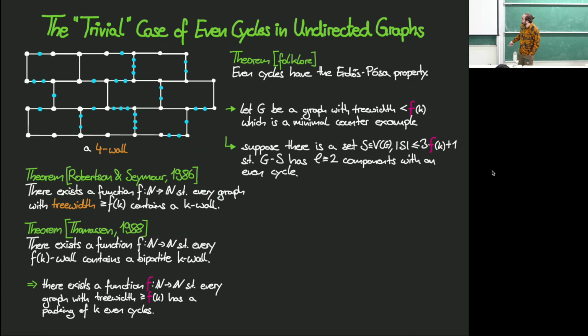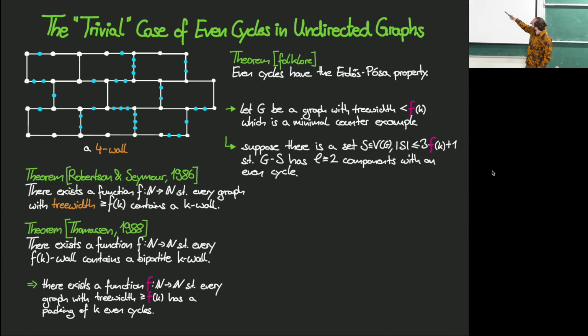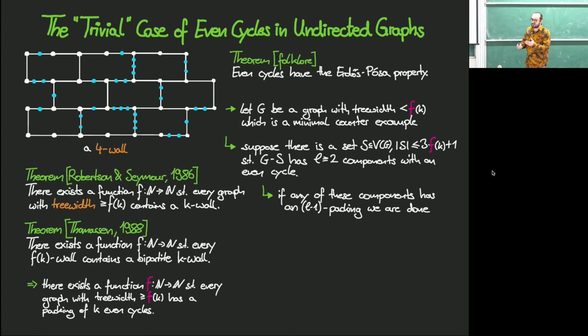And I assume that there is a set, so suppose there is some set S of size at most 3 times f of k plus 1, such that if I delete S from the graph, there are at least 2 components that have an even cycle. If this happens, each of these components is not a minimal counterexample anymore. So for each of these components, I either have a large packing or a small hitting set.